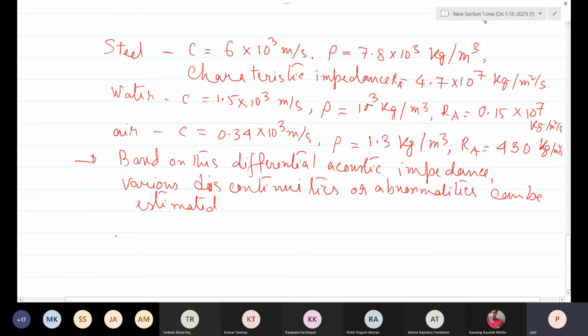Similar to acoustic impedance, we can also express acoustic intensity or power.